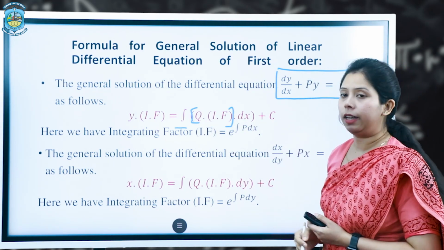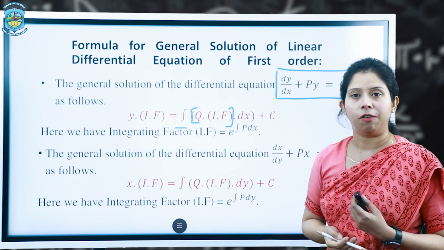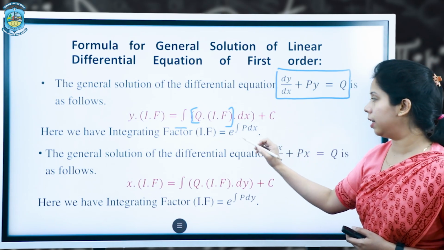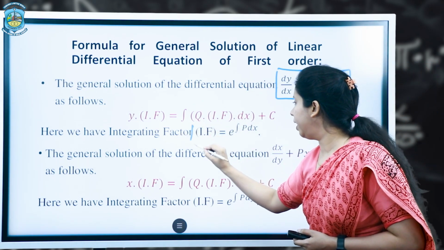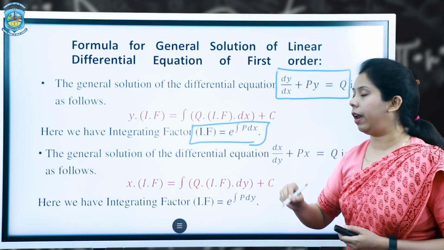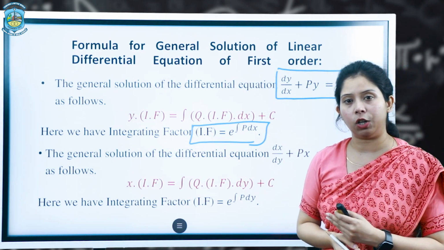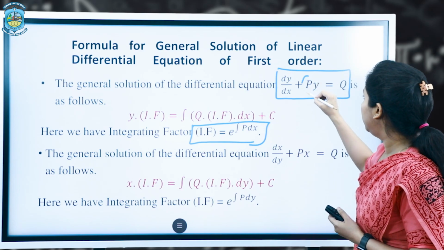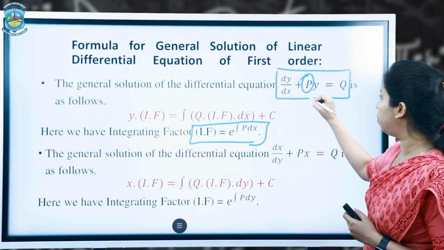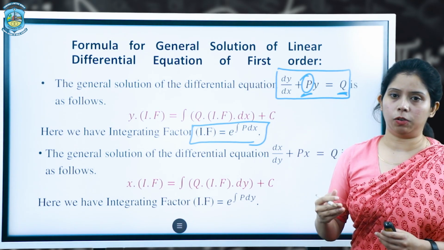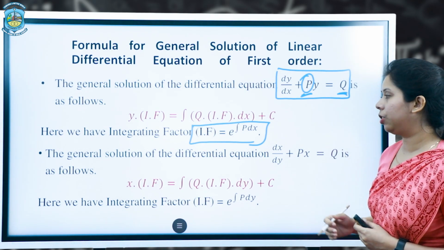Here c is the constant of integration, whereas the integrating factor for this differential equation is given by IF is equal to e raised to the power integral p dx. So the values of p and q will be obtained as follows: p is the coefficient of y, and q is the right hand side of the standard linear differential equation.